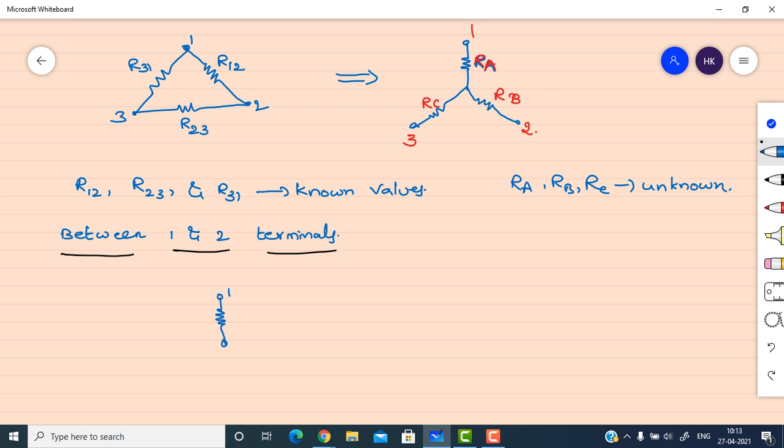Between 1 and 2 we have the R12 resistor, and we have these two also, R31 and R23. This is the delta connection. We are finding the equivalent resistance between terminals 1 and 2 using just series and parallel combinations.